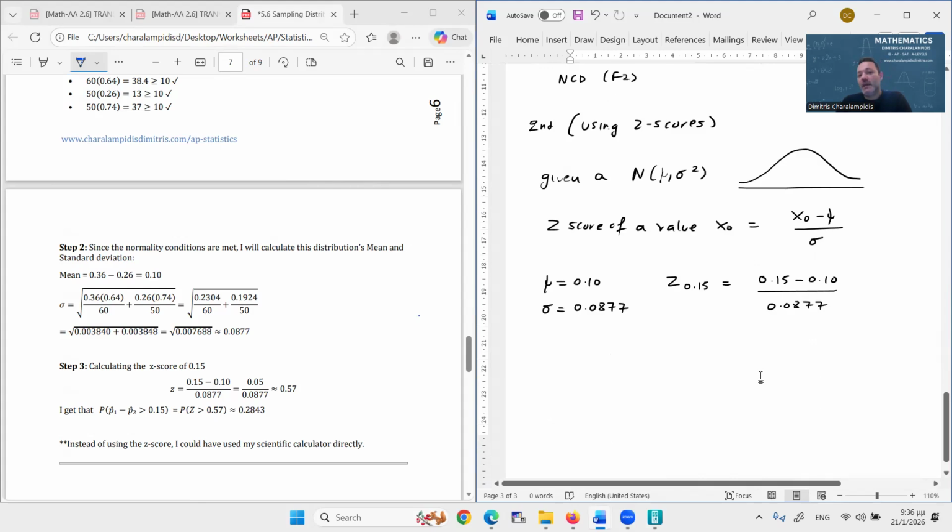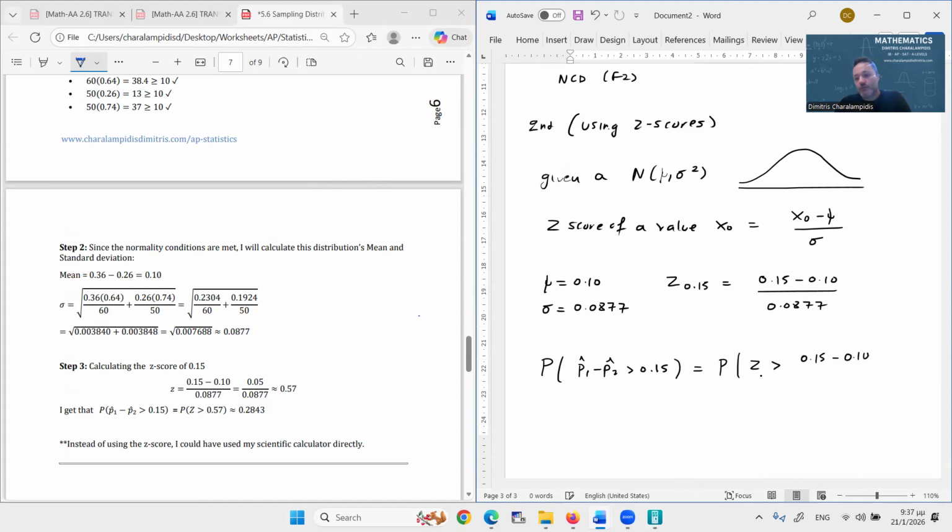So, in case we are working with z-scores, we would say that the probability that P1 minus P2 is greater than 0.15 is the same as the probability of the z-value being greater than this z-score. So if it was just up to us to circle the right expression, it would be this.